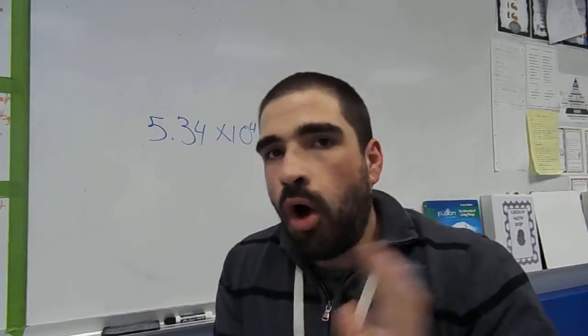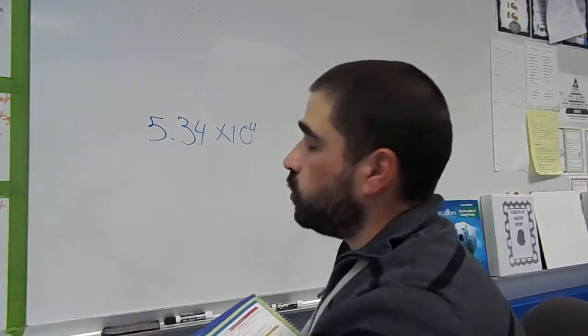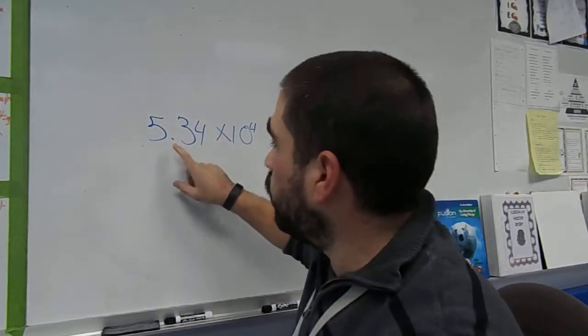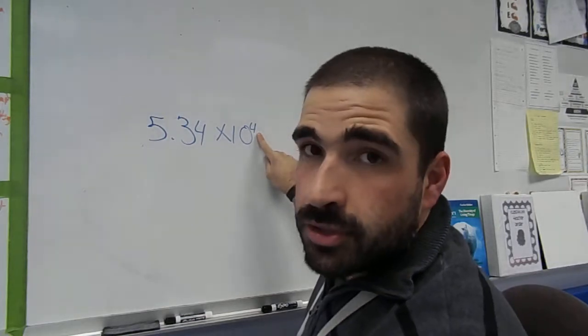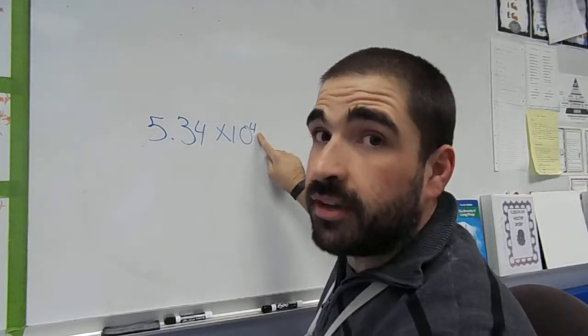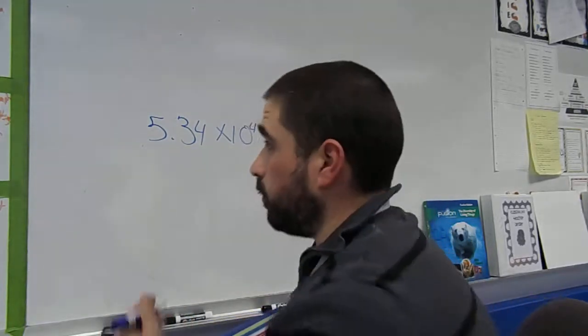When you're doing scientific notation, you are taking this 5.34 and moving the decimal place over as many times as you see a power. This could be 7,000, this could be negative 20. Right now it's 4. So I'm going to reset up my problem.